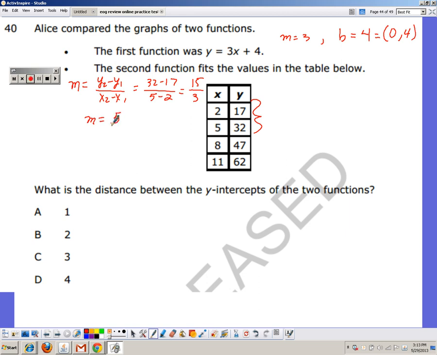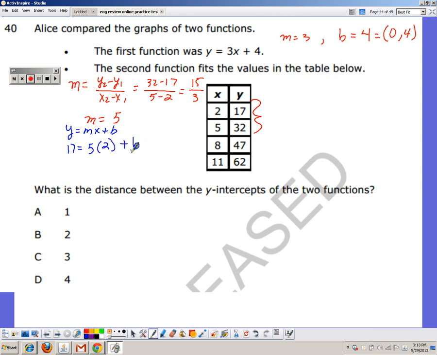So again, you need to take one of your points. I'm going to use (2, 17) because those are the lowest numbers. All the numbers are positive, so I want the smallest ones possible. So y equals mx plus b. I'm going to plug in my x, my y, and my slope using this first point right here. So y is 17, our slope is 5, and our x is 2.